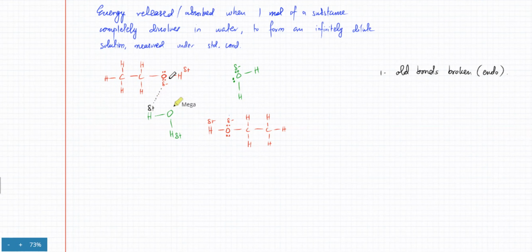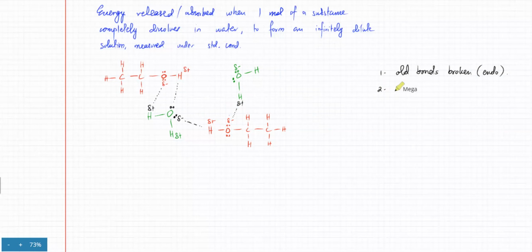Similarly, the oxygen lone pair over here would be attracted to the H over here, which is partial positive, right? And this thing keeps on repeating. There's another lone pair which is partial negative, and it would be attracted to the H over here. This H, which is partial positive, would be attracted to the oxygen lone pair, and so on. So basically new attractive forces are formed.